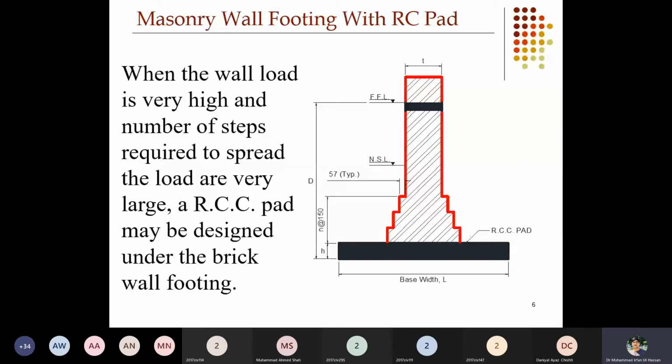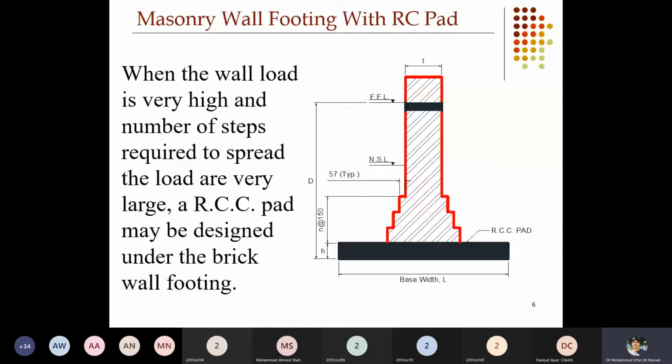Now the point is that when the wall load is quite high, for some double or triple story structure where you are giving masonry, then you know that the load is too high, as the number of floors is also large. Then you can think about providing the RCC pad under the footing.